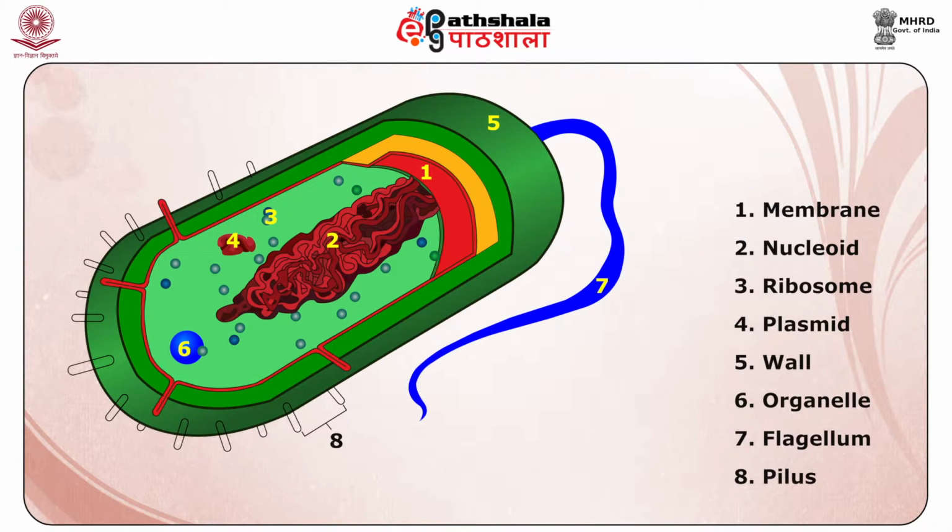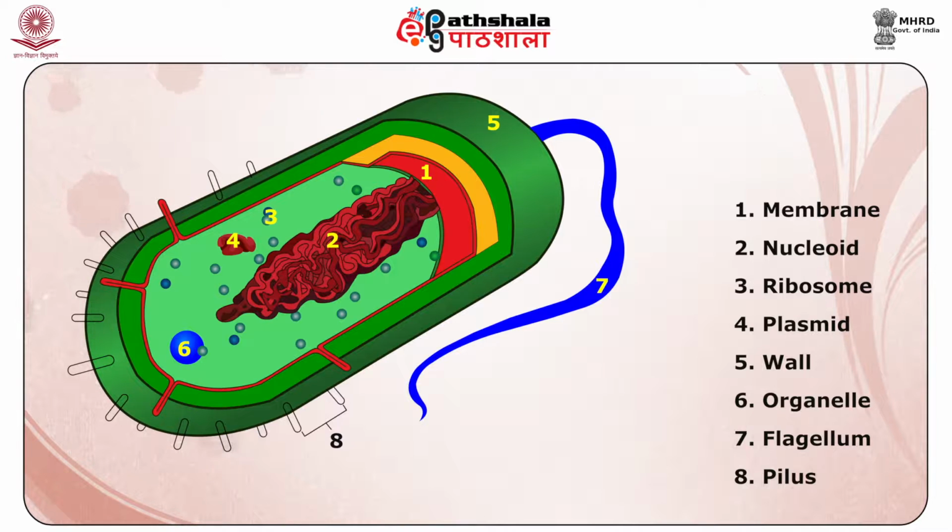Based on the features within the cell, there are two types, prokaryotes and eukaryotes. Prokaryotes are simpler in structure, having their genetic material enclosed only by the cell envelope.